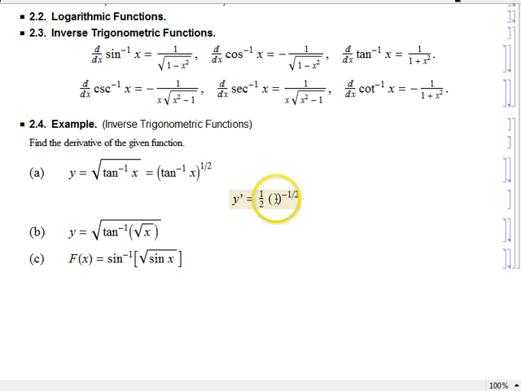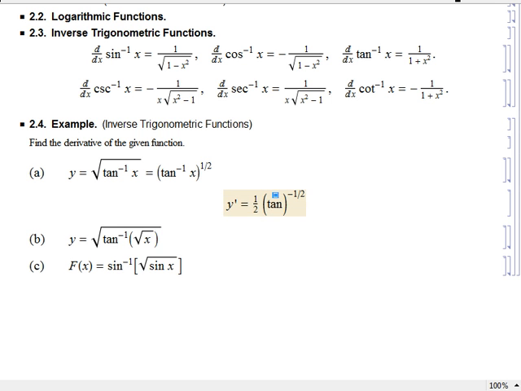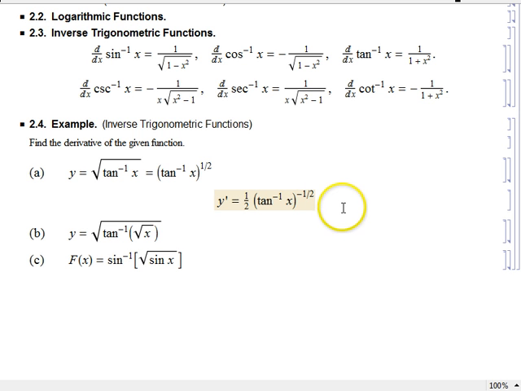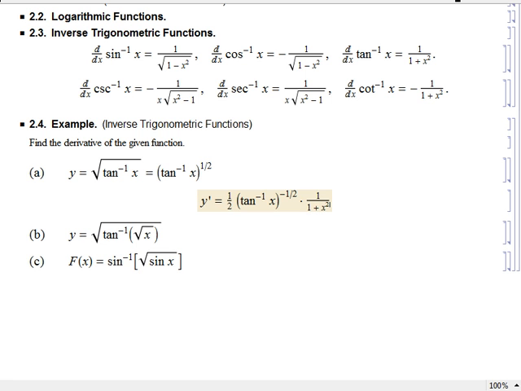We have to subtract 1 from the power, and then we are doing the chain rule, so inside never changes, so it has to be the same as before, arctangent. And then by the chain rule we have to multiply the derivative of the inside. 1 over, what is the derivative of arctangent? 1 plus x squared.